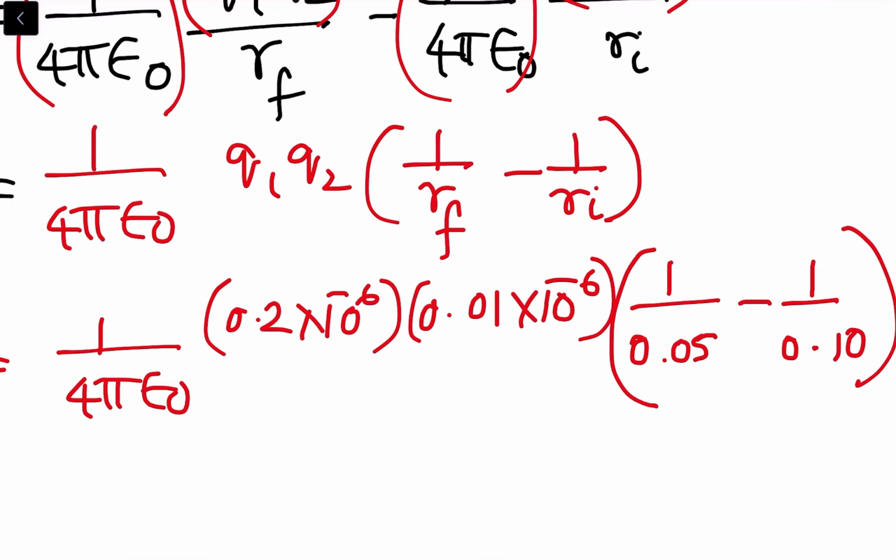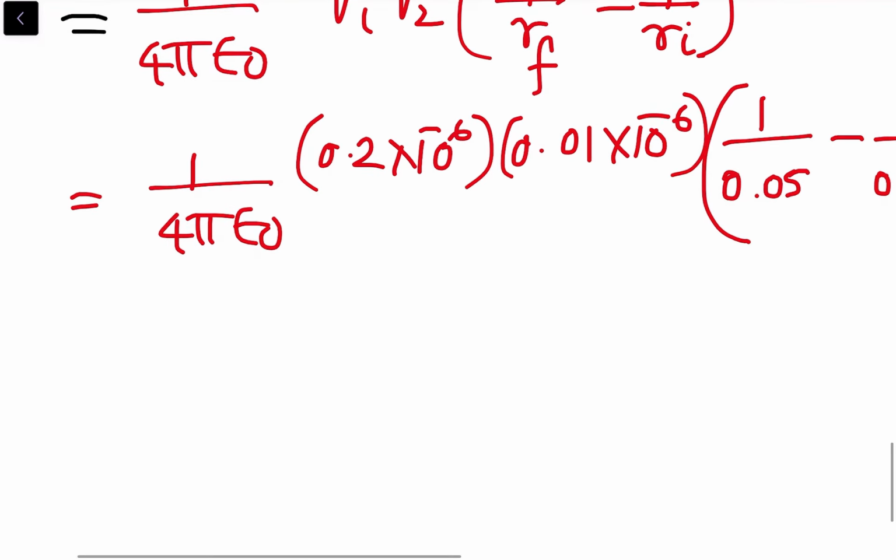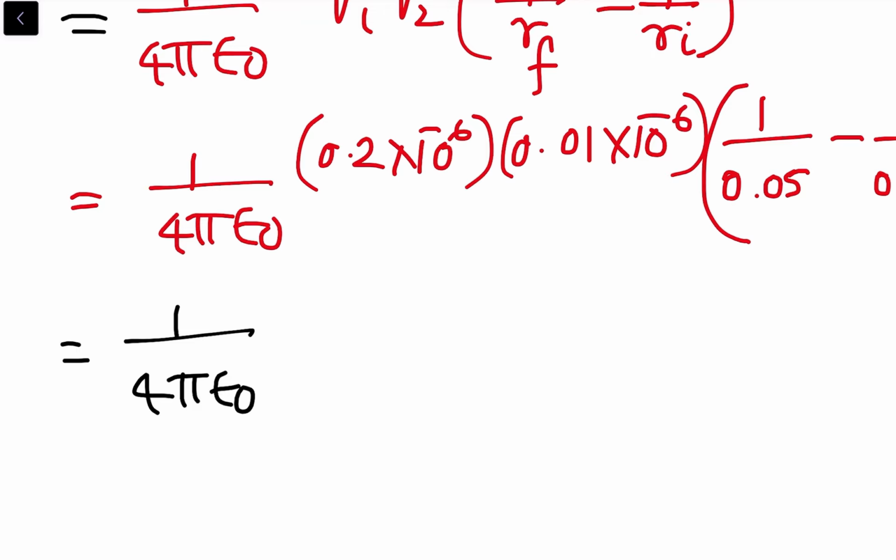Let me substitute the value of 1 by 4 pi epsilon naught. You all know that it is 9 into 10 to the power of 9.